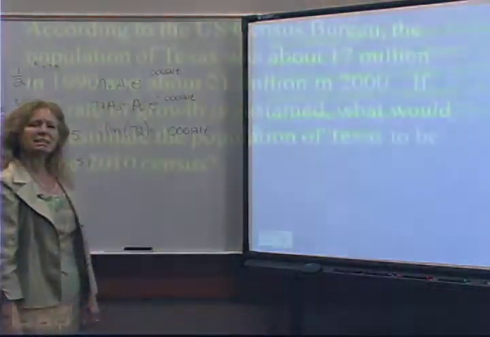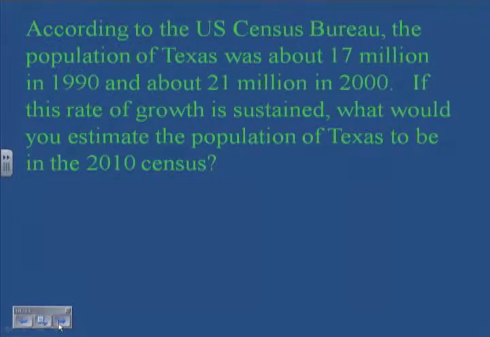Well, we're going to go back to some population growth. And in this case, I've set the problem up a little differently for you. You could go to the Census Bureau and find out that in 1990, Texas had a population of about 17 million.